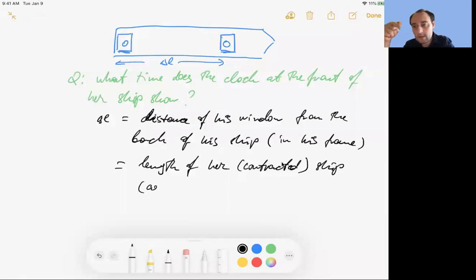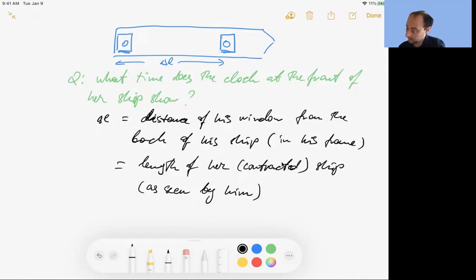I'm writing all these qualifiers just to remind you. They might actually confuse you, but the point is, in his frame, the front window is located distance delta L from the back, and that happens to be the length of her ship as seen by him, the contracted length.